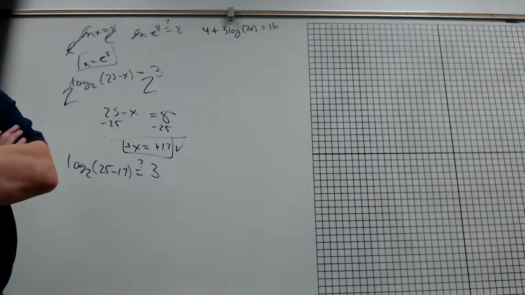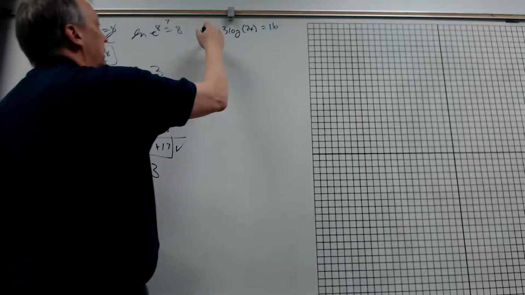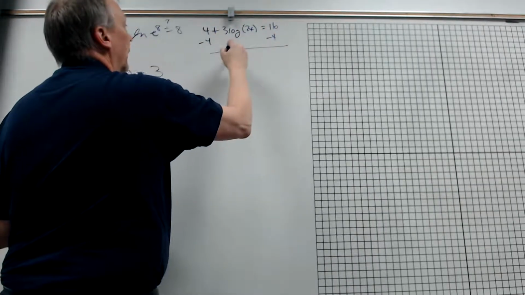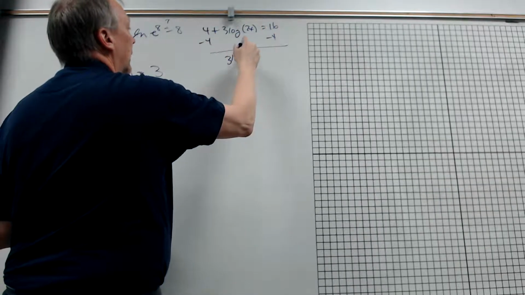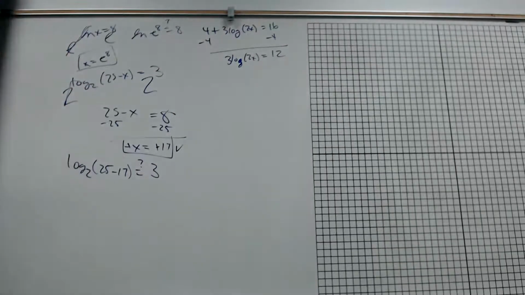I just put the 4 on the other side. Put the 4 on the other side, so we'll subtract 4. We're going to get 3 log 2x equals 12. And then do the inverse log. We can't do the inverse log because that 3's in the way. Divide by 3.